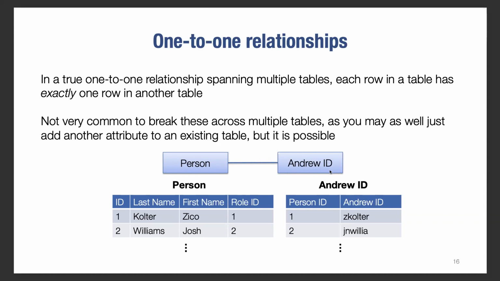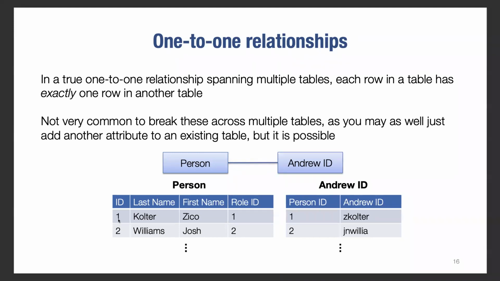What that means is no two people, whether student, faculty, or staff, should have the same Andrew ID. So now if you have a separate entity called the person and an Andrew ID entity, then you know that each person must have a separate Andrew ID. It has to be one-to-one. Otherwise, there's going to be a problem in the system. The system is going to break.